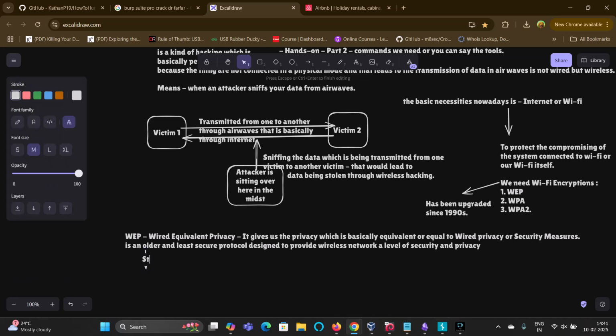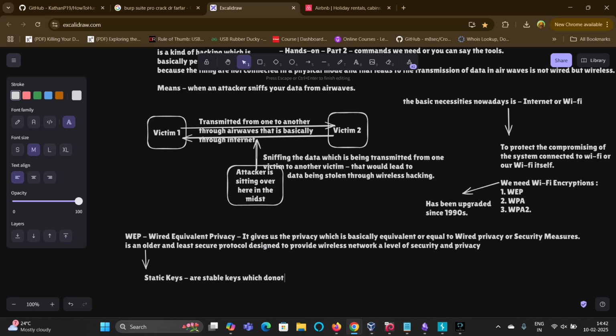Static keys, what are they? Let me write it down here. Static keys, and what basically are static keys, guys? Static keys are stable keys which do not modify or keep on changing over time, making it least secure.